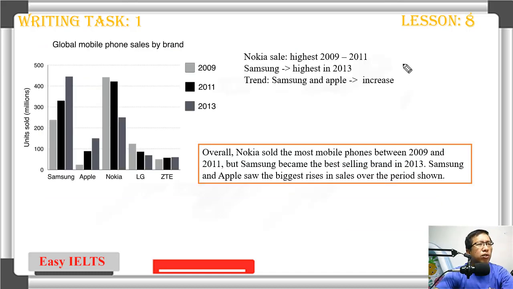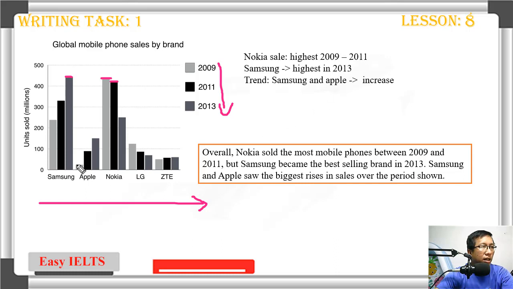For overview, you look at the highest and lowest number, and also you look at the trends, because this is the chart over time. See here. Look at the highest number. You can see this is the highest number. Samsung highest in 2013. Nokia highest in 2009 and 2011.